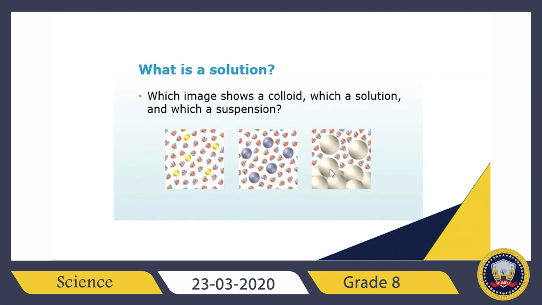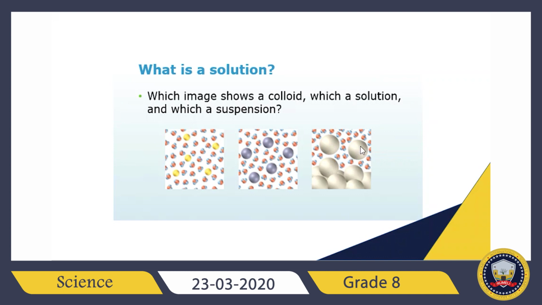Then you will start to see the sand particles settle out of the mixture and form a layer at the bottom of the cup. Why? Because the particles of the sand are too big, so they settle out of the mixture.